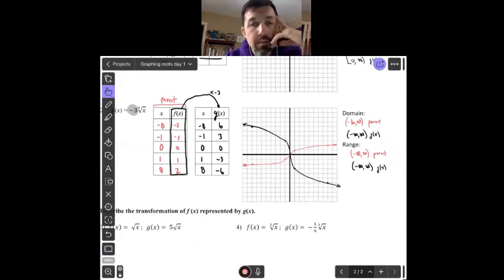Anything you guys want to talk about there? Is it making sense how I'm taking the y values from the parent function and getting the y values for the transform function? Is that making sense? Anybody? Hello?